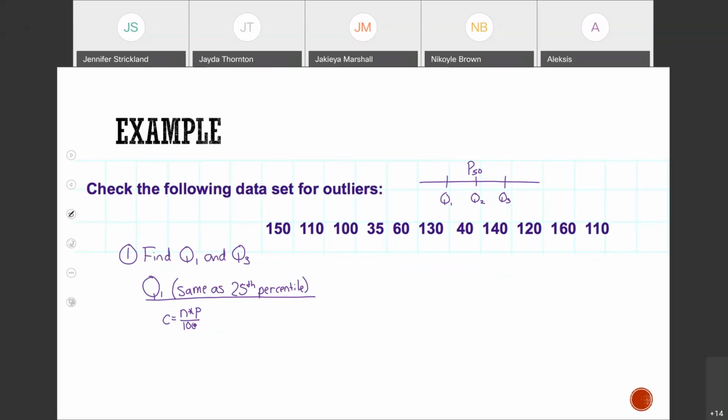So what do we use for the N? N stands for number of values. I'm going to count my values and I have 11, so 11 goes in for the N. What am I going to use for the P?